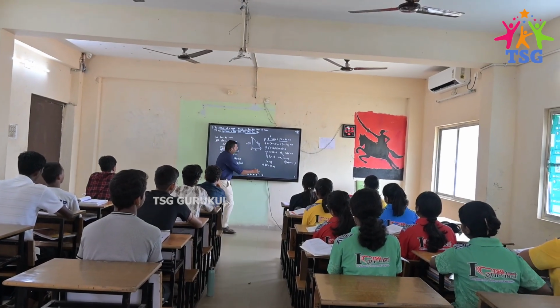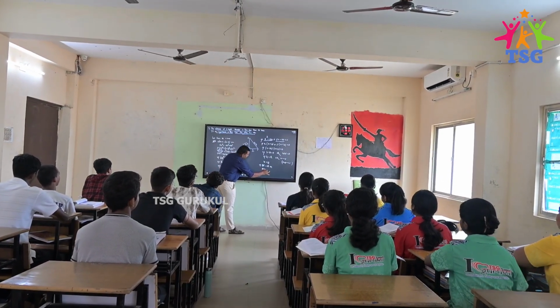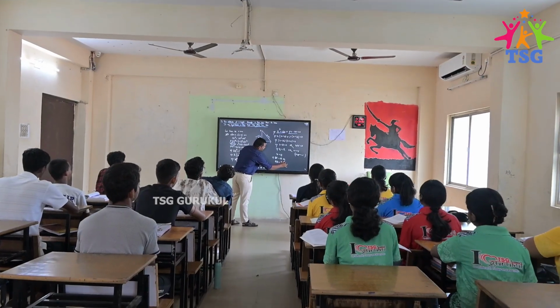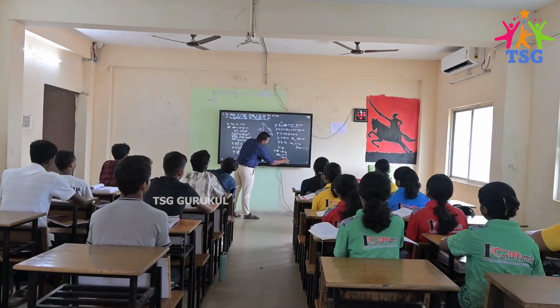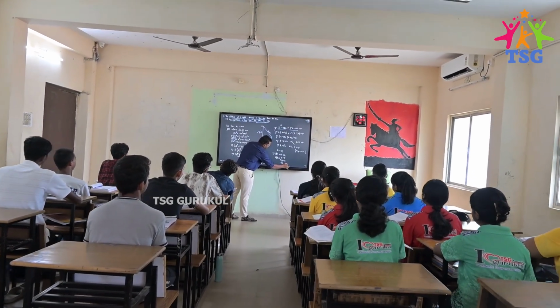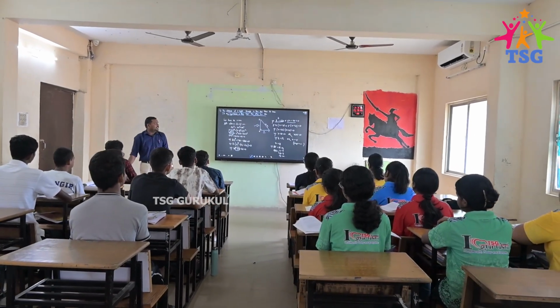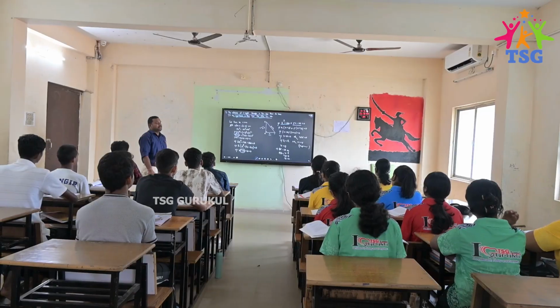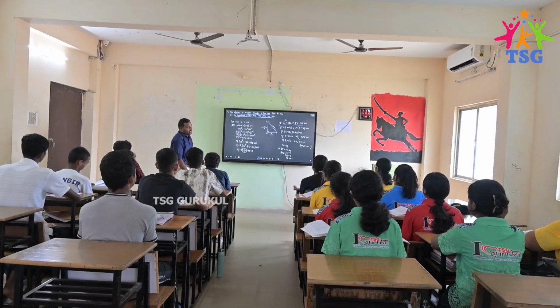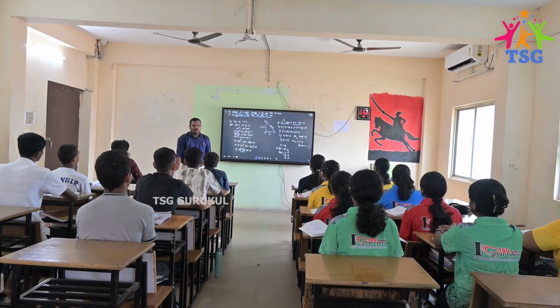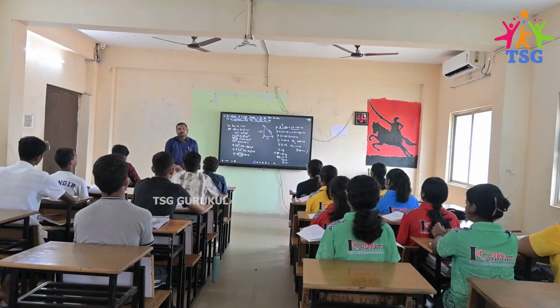Is that clear? Then altitude AB is equal to x minus 7, that is 12 minus 7, that is 5 cm. Finally we get the altitude is 5 cm and the base is 12 cm. Understood now? Thank you.